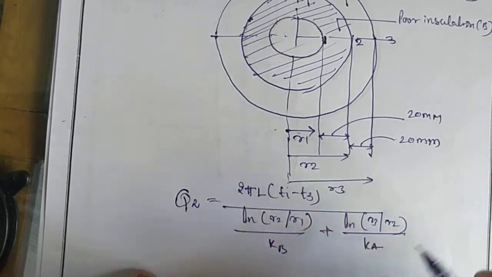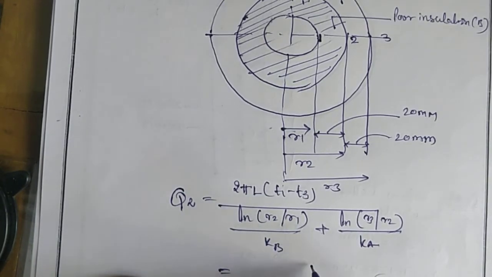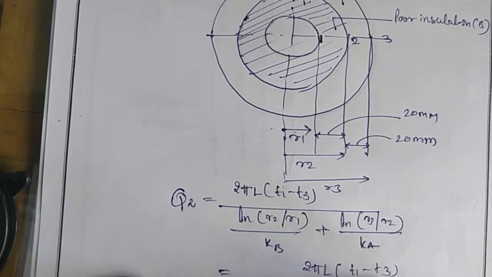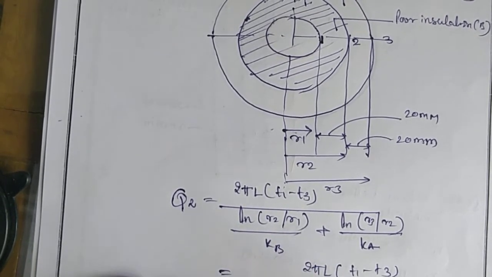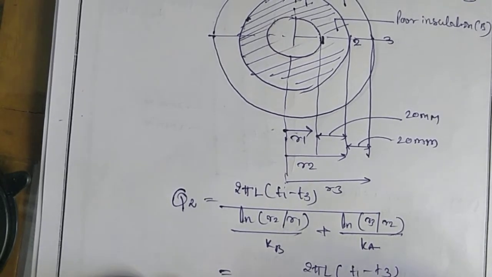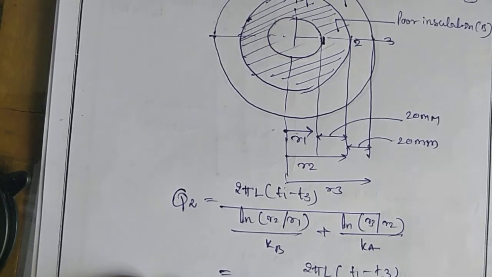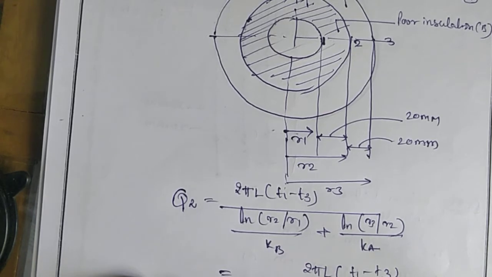Now we can again substitute: 2 pi L (T1 minus T3) divided by [ln of 0.035 by 0.015 divided by 5 Ka, plus ln of 0.055 divided by 0.035 divided by Ka].